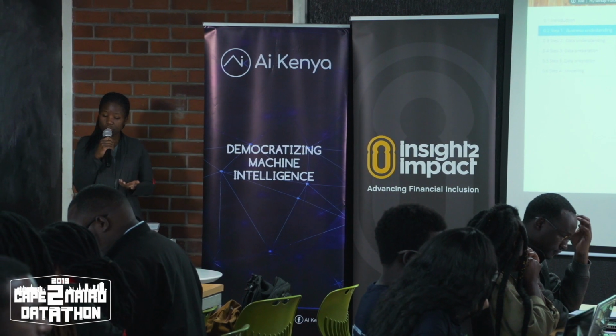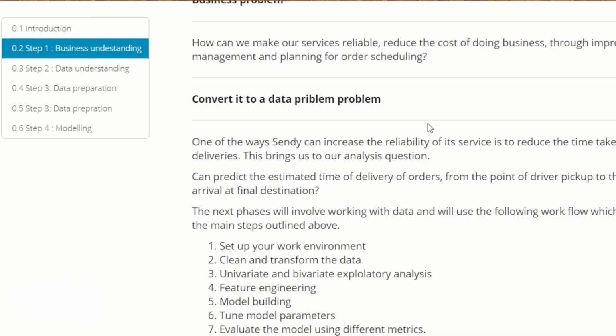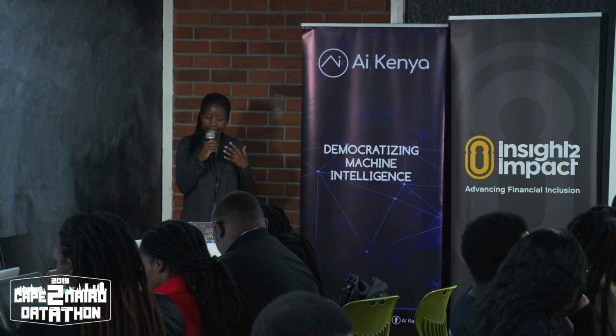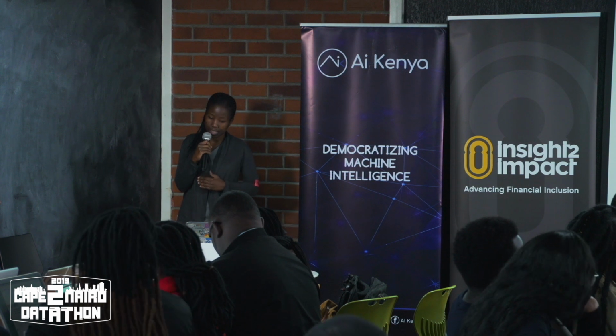I'll develop some features based on our own intuition, based on our understanding of the logistics of Sendy, even literature review. There are so many ways to come up with features. That's why understanding the business problem is really important in this case.